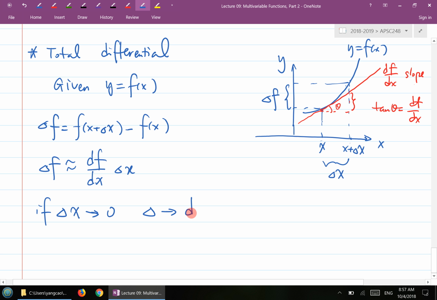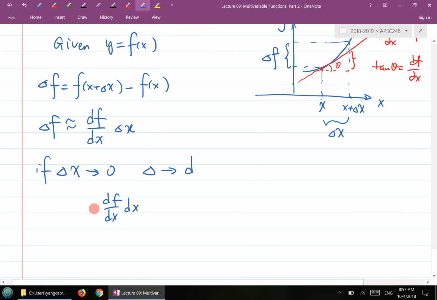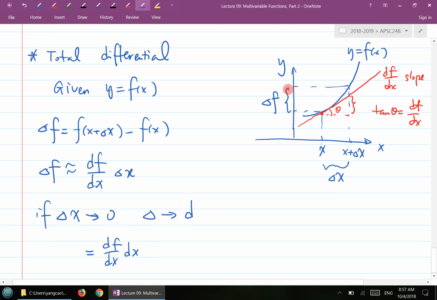Then in this case, df over dx times delta x becomes just df over dx times dx. It's not an approximate change anymore because it's so small. That change will become the same as the actual function change.